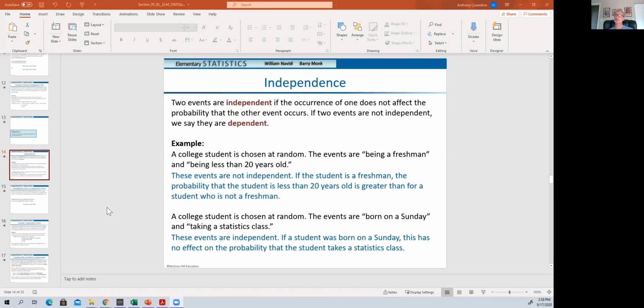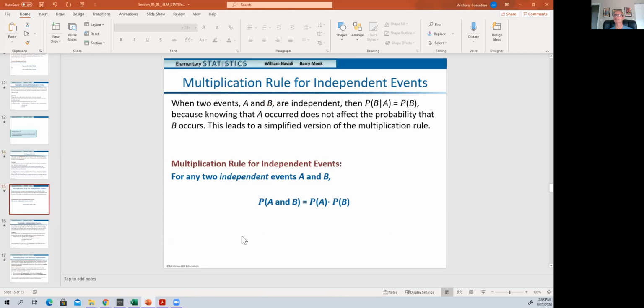And how this ends up sneaking into the calculation is here's the definition of how you figure out if two events are probability independent. What you do is you take the probability of ANDing them together, that they both occur, A and B together.